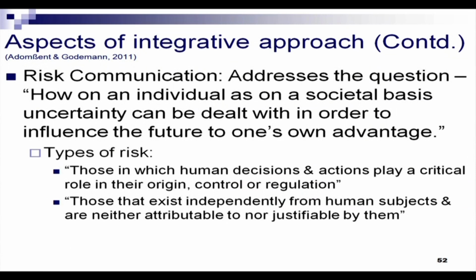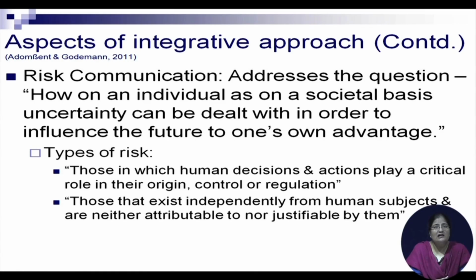All right. The second aspect of the integrative approach is risk communication, and this addresses the question of how, on an individual as well as on a societal basis, uncertainty can be dealt with in order to influence the future to one's own advantage. That is risk communication.